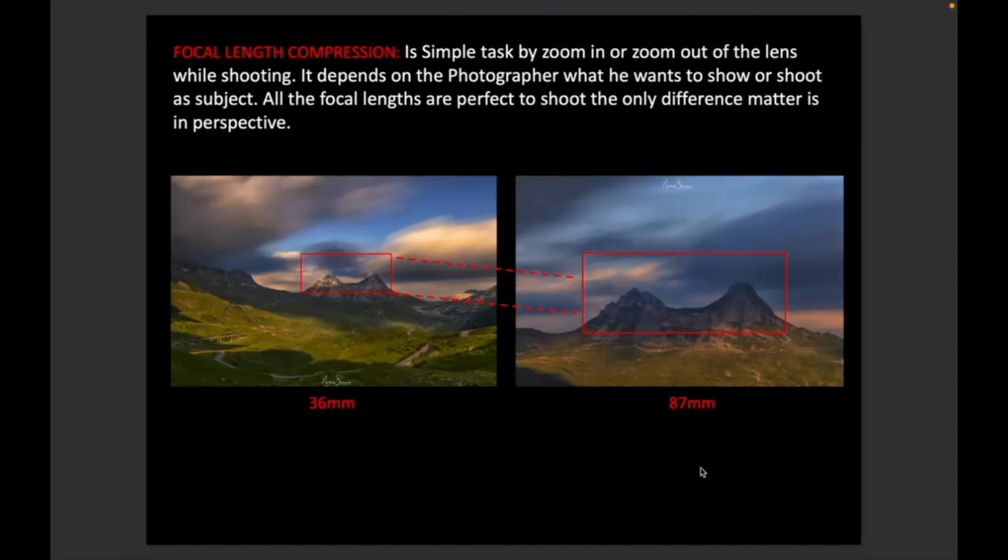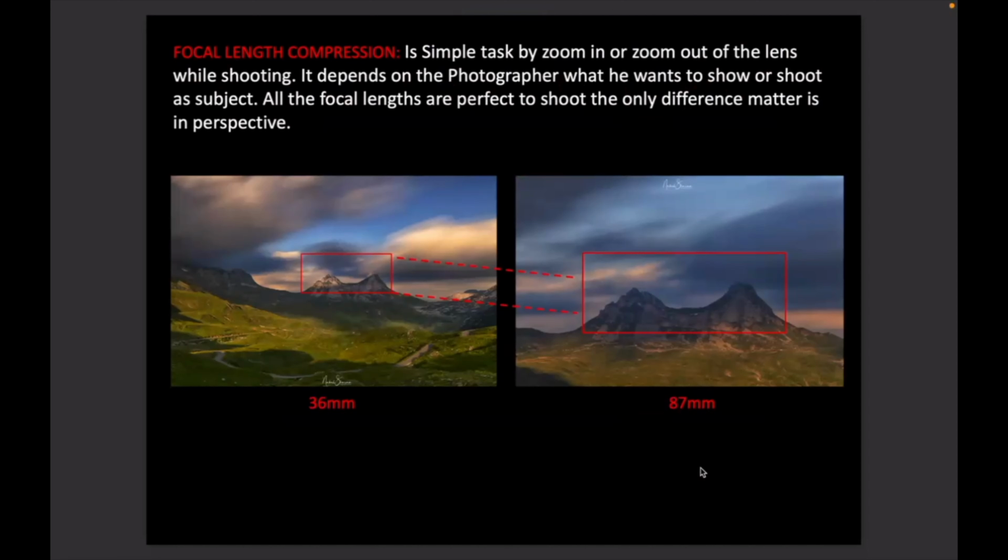So play with your focal length by zooming in and out of the lens while shooting. It depends on the photographer what he wants to show and shoot as a subject. All focal lengths are perfect. There is no perfect focal length in any photography. If you ask me, should I shoot landscape at wide angle, or can't I shoot landscape at 200 mm?